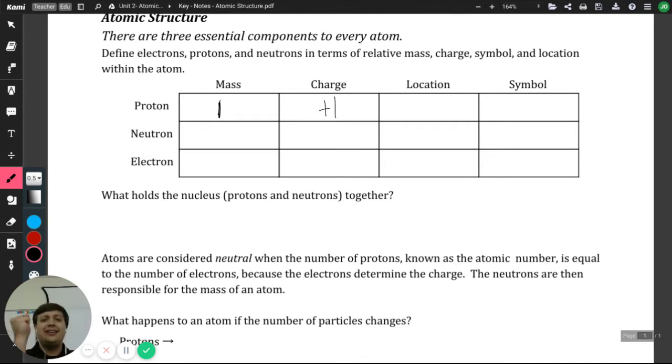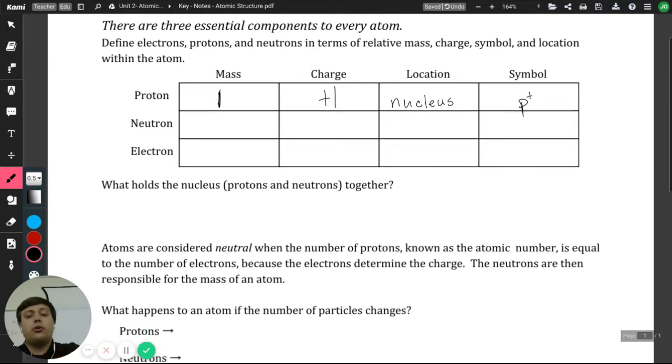Now, the nucleus is that dense core in the center of the atom. All right, so we do find them in the nucleus. And our symbol for a proton is P for proton with a positive charge there to remind us that protons are positive.